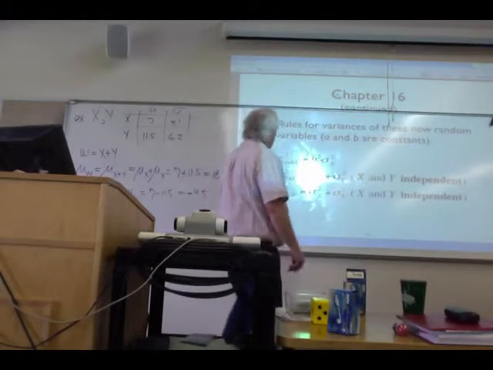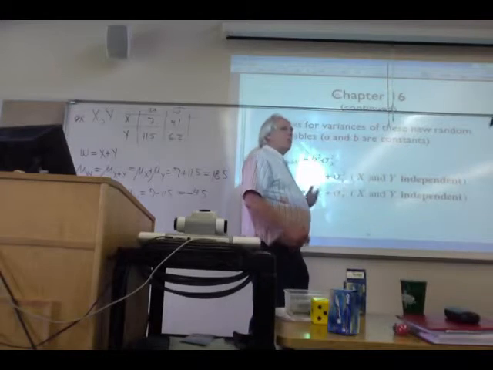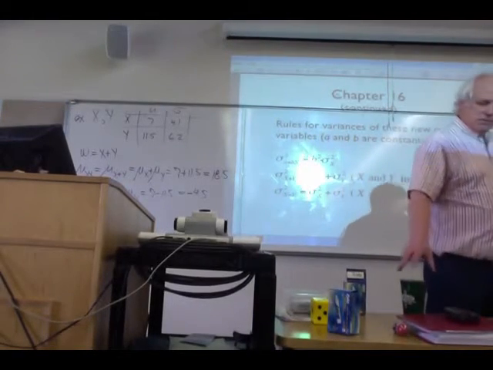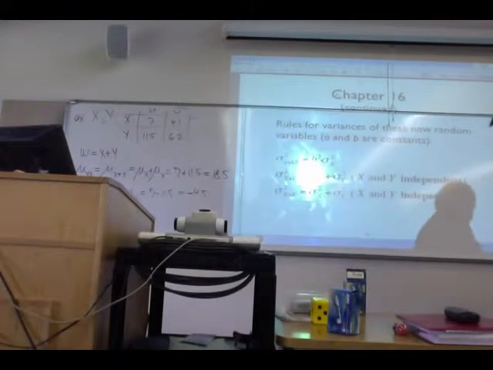Now, the next rule is a rule made under the assumption that x and y are independent. What does it mean when they're independent? Well, I think the analogy I used last time is if I have 2 dice and I roll them, let's assume they're fair 6-sided dice, and the numbers I can observe are 1 through 6. What happens on one die doesn't help me in any way better understand what happens on the other.